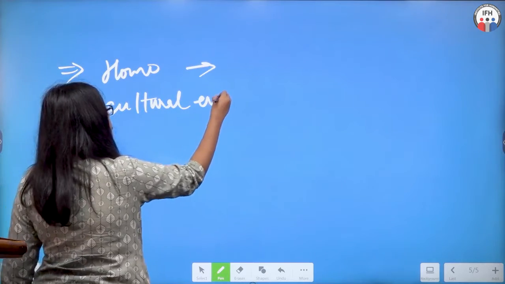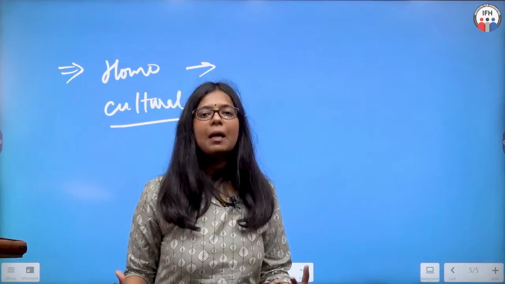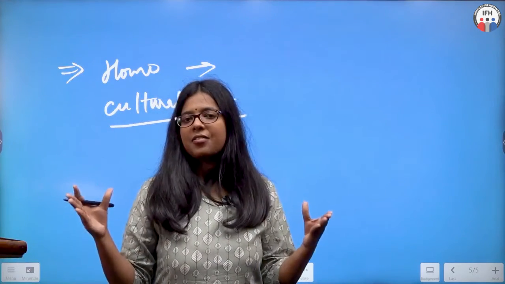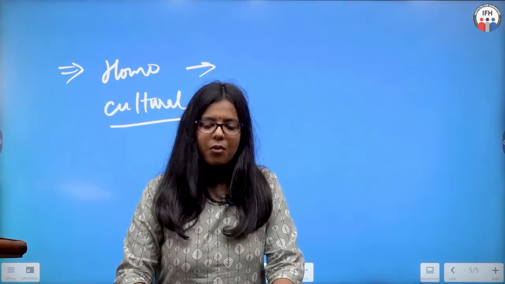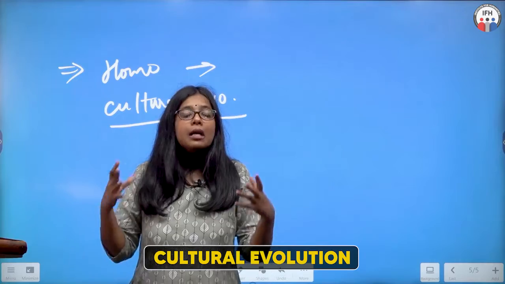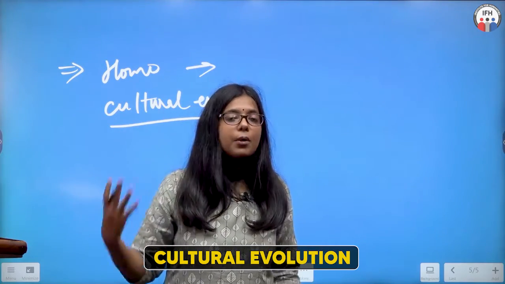Humans have become bipedal. When you become bipedal, a very major change is that your 2 hands are free. If you are using 4 limbs, that is going to be difficult. Now when your hands are free, you can use them for other purposes.